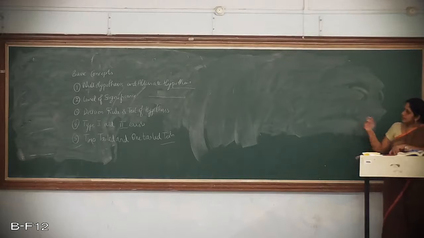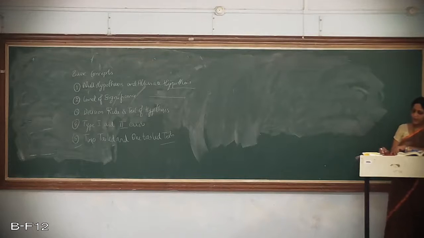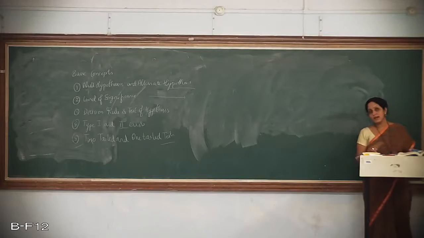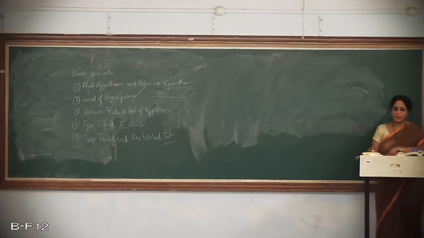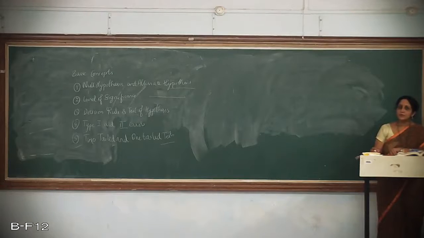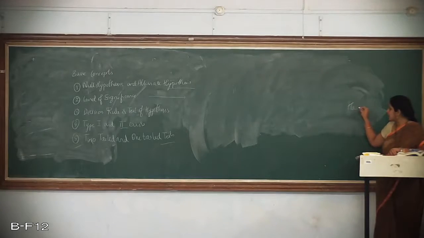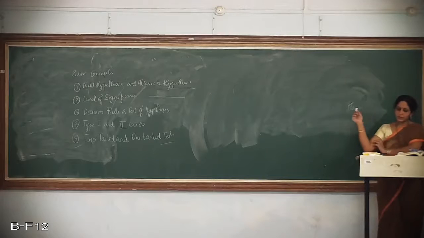Then the next is decision rules and testing of hypothesis. Here there are various decision rules that one can go through. Given a null hypothesis and alternate hypothesis, the decision has to be made.